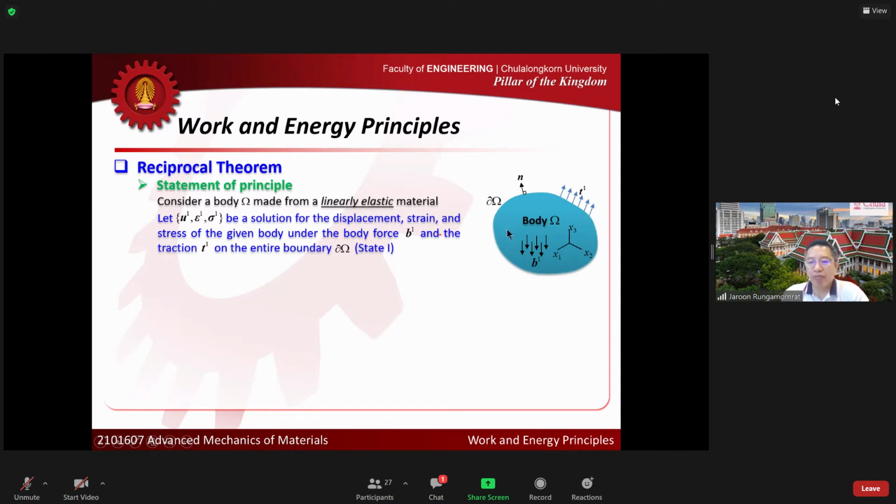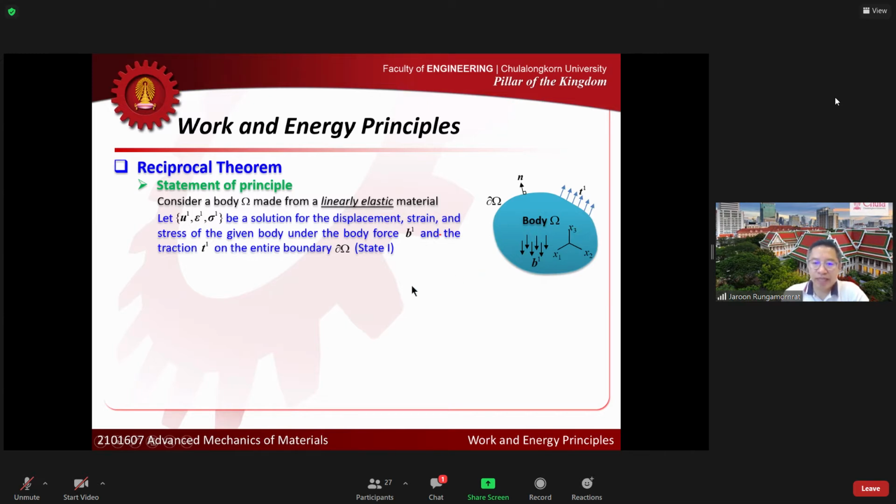We don't have any part of the boundary where we know the displacement. T1 is the traction that applies to the whole boundary, and B1 is the body force field. Let's say this is state 1. Let u1, epsilon 1, and sigma 1 be the solution of the displacement, strain, and stress for this state.